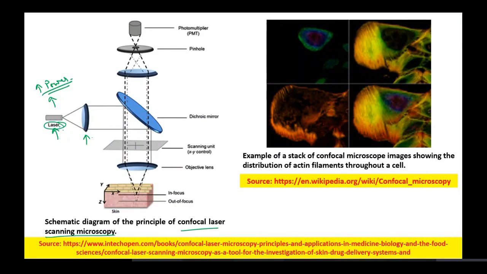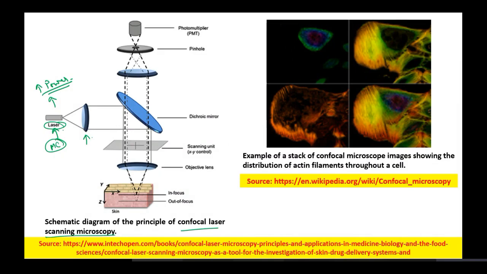So the laser source in itself is a monochromator. Laser light is a monochromatic light source. So it may be condensed, or if you want to use a filter, then you may use a different kind of filter to allow a certain band of light to pass through.